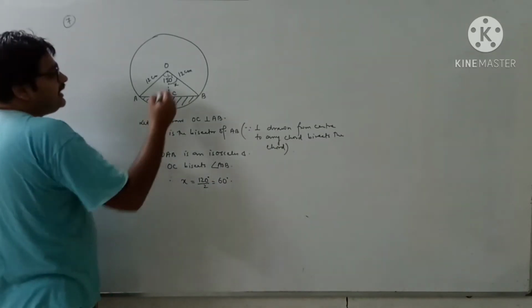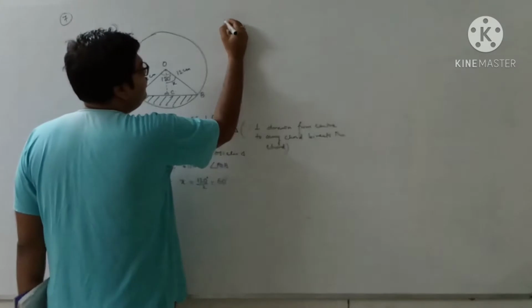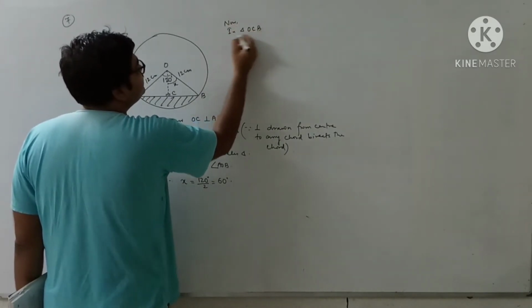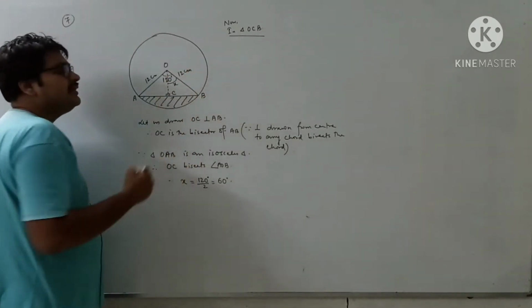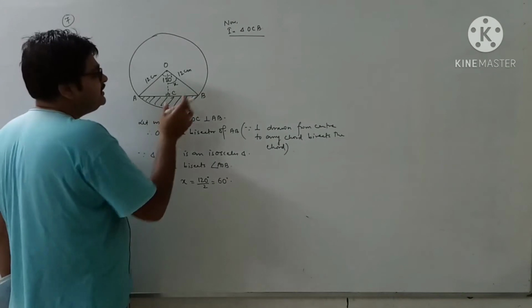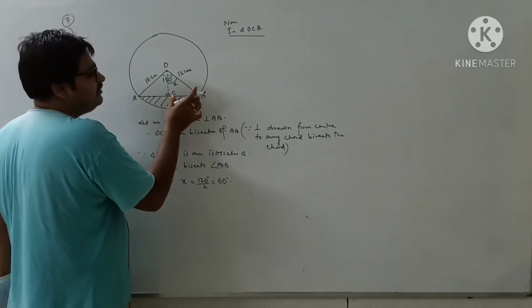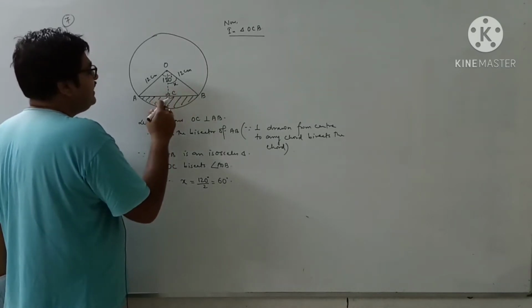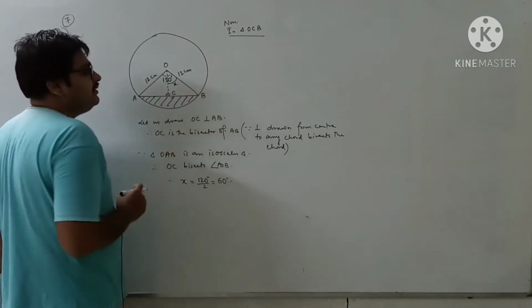Now we just choose the triangle OCB. Now in triangle OCB, which triangle you can understand? If I can find out the length of CB, then by doubling it I can find out the length of AB.